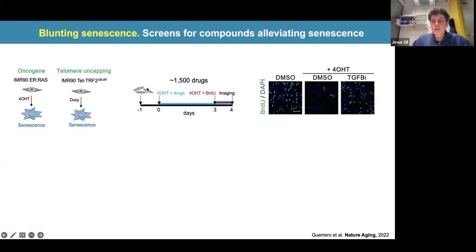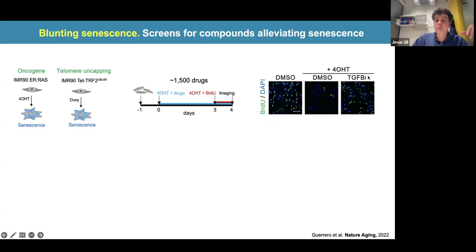And what we did, and this is the oncogene-induced senescence model, is, so we have here, just as an example, proliferating cells, and in green is BrdU, and we can see that many cells are positive for BrdU. When we activate oncogene-induced senescence by adding tamoxifen that activates the RAS oncogene, so we have this senescence growth arrest, and we see that very few cells are able to proliferate and incorporate BrdU.